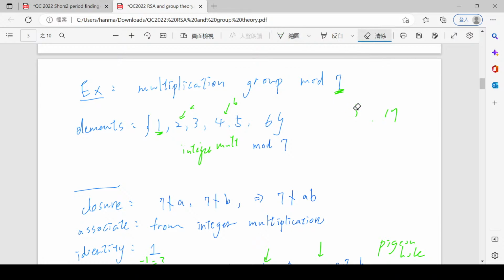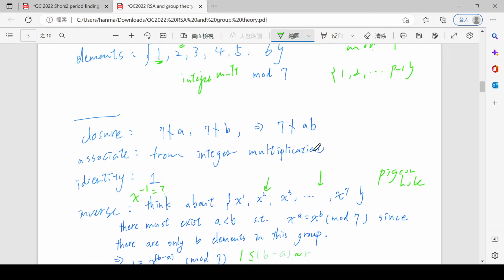So those are prime groups, but you can have things that have more structure. If you have the multiplication group mod any prime, you will have 1, 2, all the way to p minus 1. So you have p minus 1 elements. So the prime groups are all really similar.